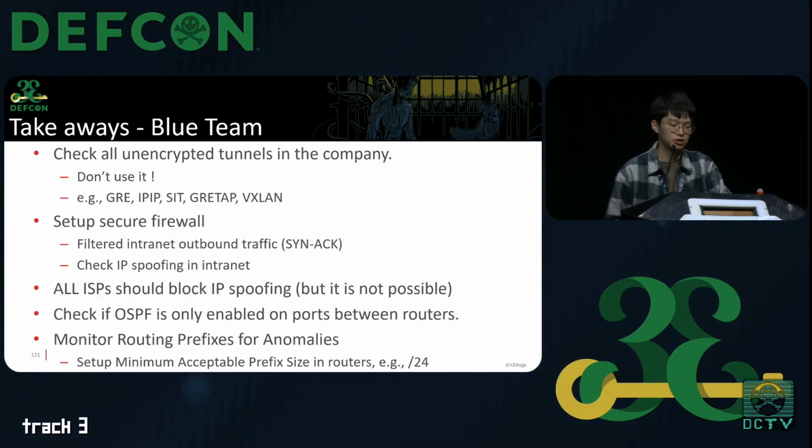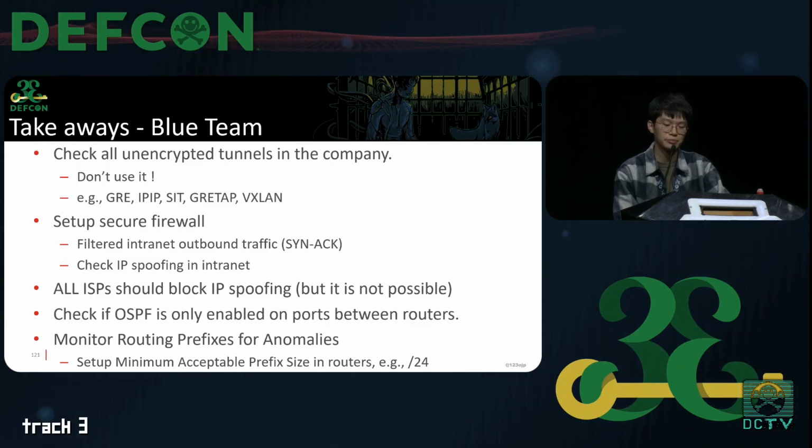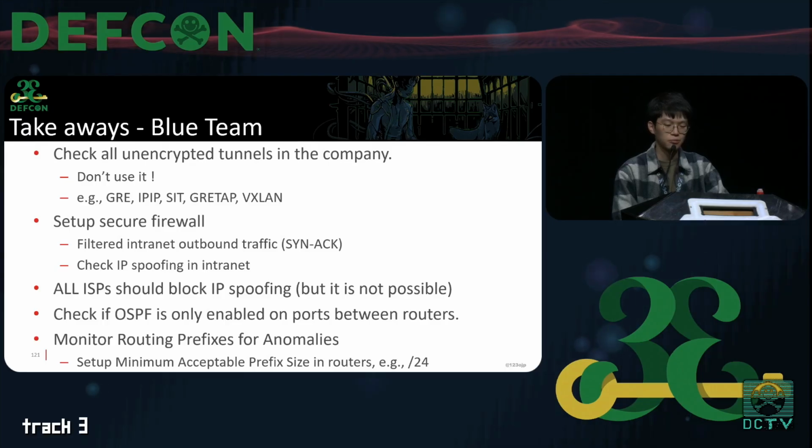Also, check for IP spoofing in your intranet. Ideally, all ISPs should filter out spoofed IP addresses, but in reality, this is rarely possible. Check that OSPF is only enabled on ports between routers. OSPF should not be open on unnecessary ports. Monitor your routing prefixes for any anomalies.